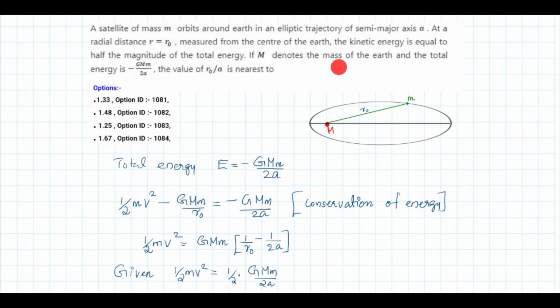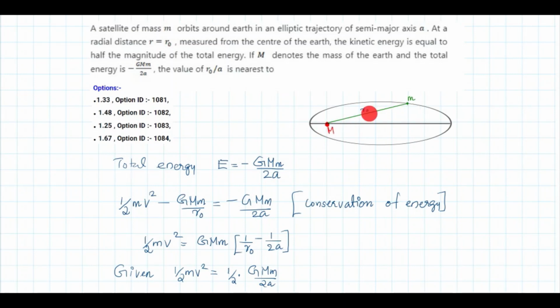If M denotes the mass of the Earth and the total energy is minus GMm by 2a, the value of r0 by a is nearest to? A satellite moves in an elliptic trajectory. Satellite mass is m and Earth mass is capital M.